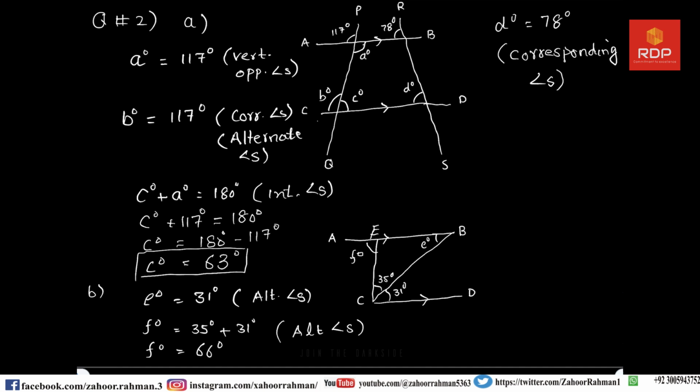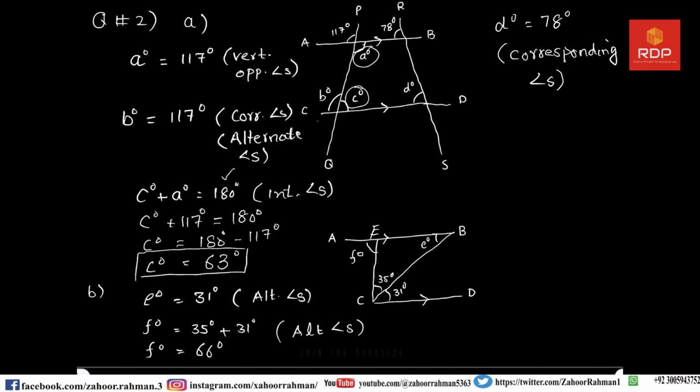You have to find the internal angles. So this angle and this angle, these two angles are internal angles, and their sum according to the theorem must be equal to 180 degree.